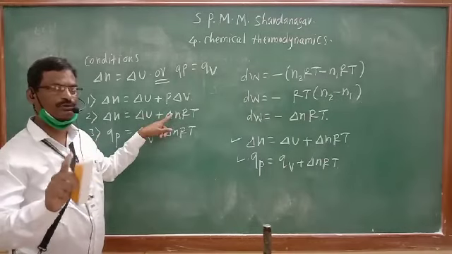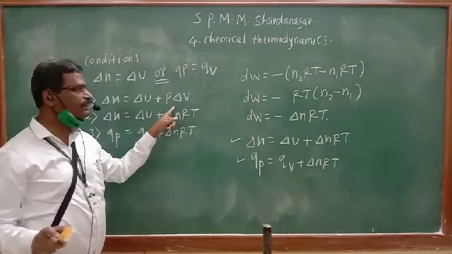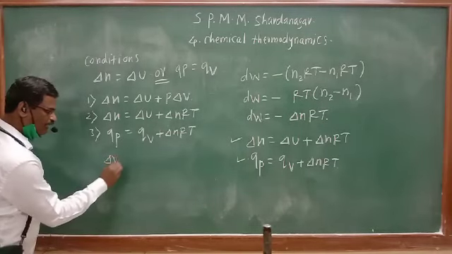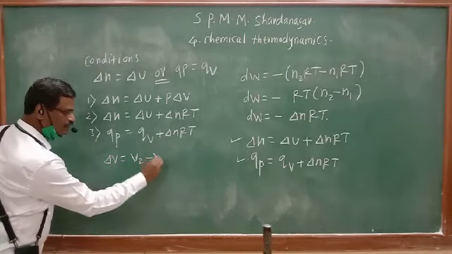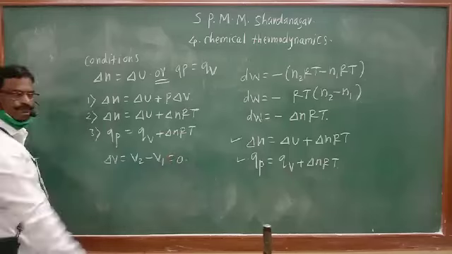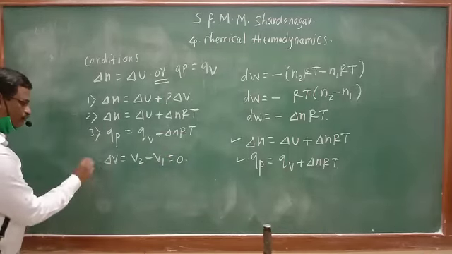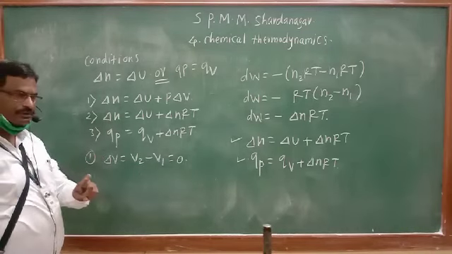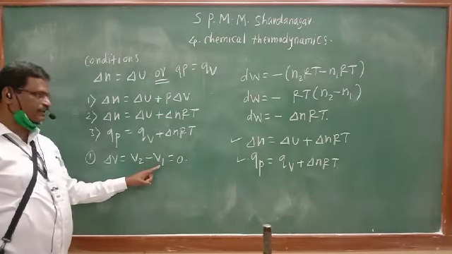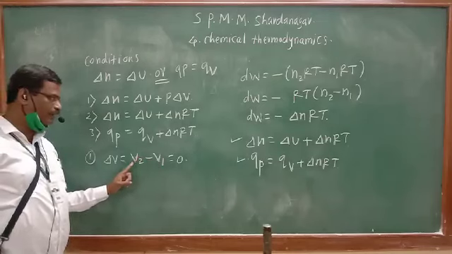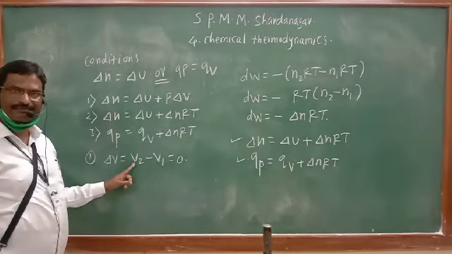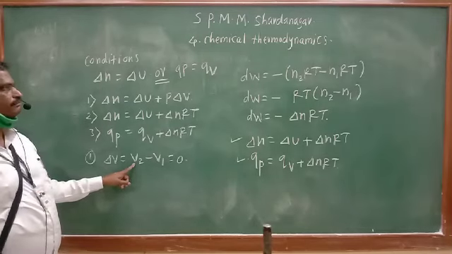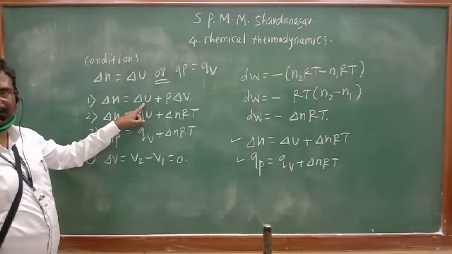Pressure is never 0. So how will this become 0? This becomes 0 whenever delta V, that is V2 minus V1, is equal to 0. It means that if volume in initial state of system and volume in final state of the system are same, at that time delta H is equal to delta U.